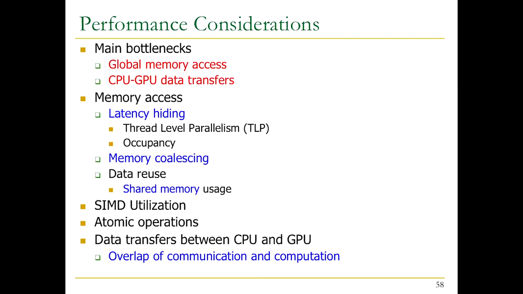We will talk about the SIMD utilization that has also been introduced before, but you will see some code examples here. Also, an important source of bottlenecks, which is the use of atomic operations. And finally, we will finish with the data transfers and explore how it would be possible to optimize these data transfers by overlapping the computation and the communication.